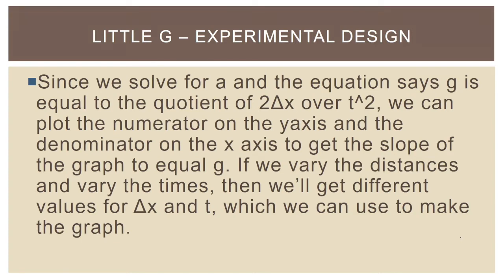And again, the reason why the slope idea is important when it comes to experimental design is because it automatically forces you to collect data at different distances. So at different distances, you collect different times, and now you have a bunch of data points which will help you to eliminate, or I should say limit, the experimental error.